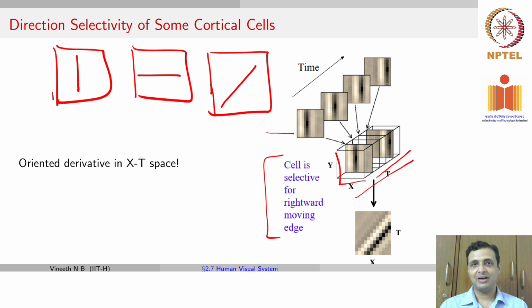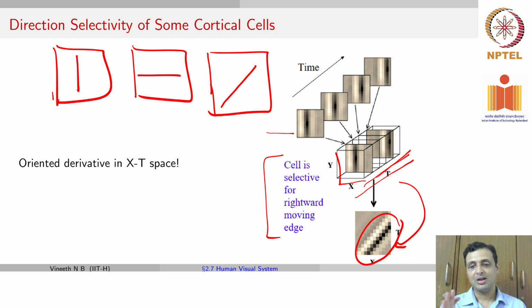Remember again that unlike the simple cases that we saw so far with filters and masks, the human visual system is responding to stimuli that change over time. It's not a still image, but a changing image. So the human eye has to adapt to those changes in the image too. So then it appears that over t, you're going to have an edge in a different direction, because the edge is actually moving from one part of the image to the other part of the image. So in the xt dimension, this particular cortical cell will end up having an edge along this direction.